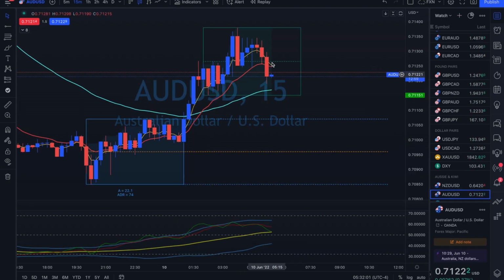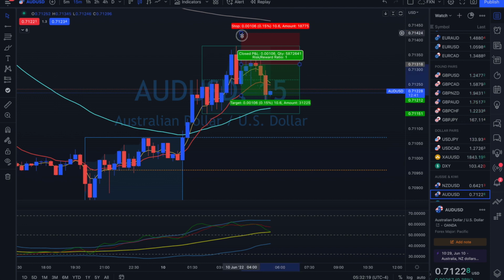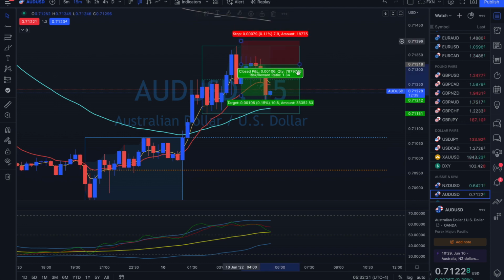Same thing on this AUD. You could have seen it with the first leg being here, the second leg being this railroad track, and this candle here. The pullback on that candle would have been your entry. Anywhere on this candle would have been a good pullback.